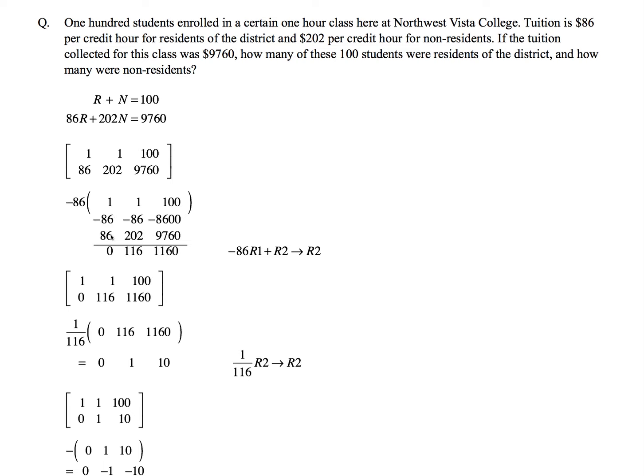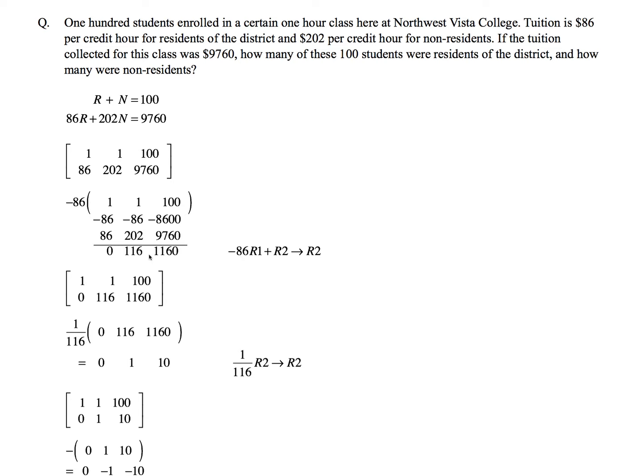And we add that to row 2. Negative 86 plus 86 is 0. Negative 86 plus 202 is 116. And negative 8,600 plus 9,760 is 1,160.